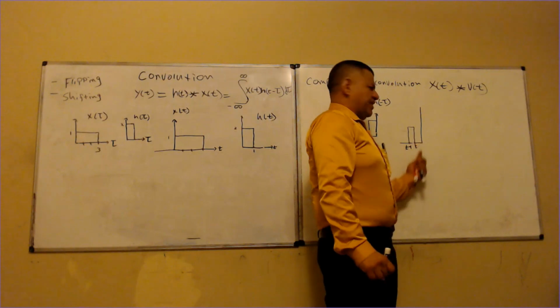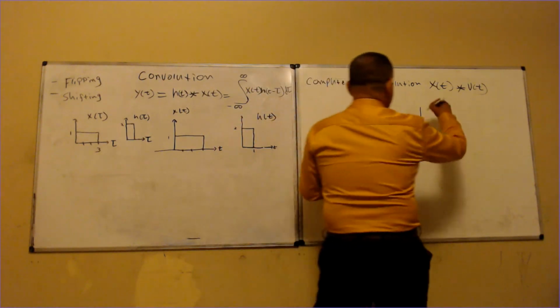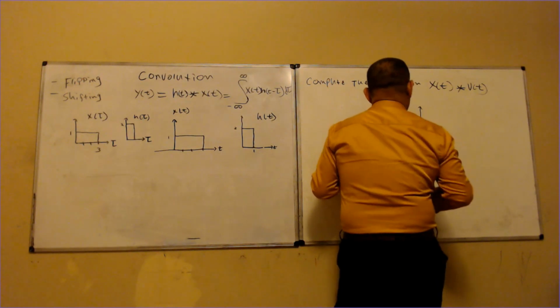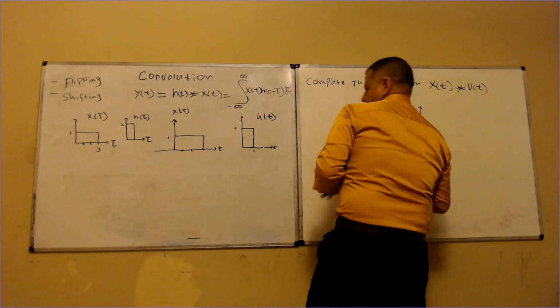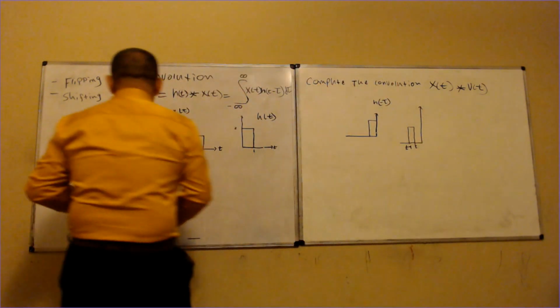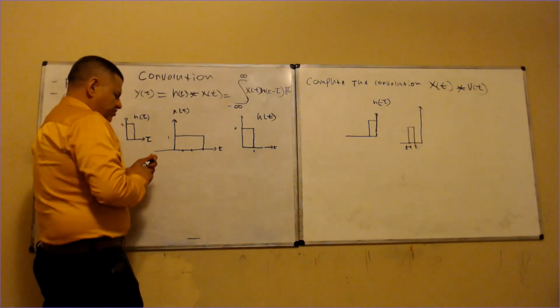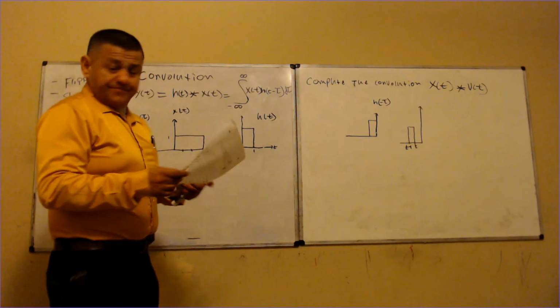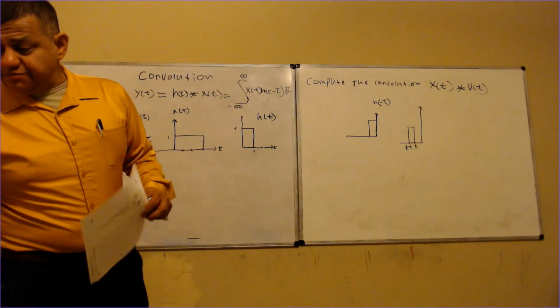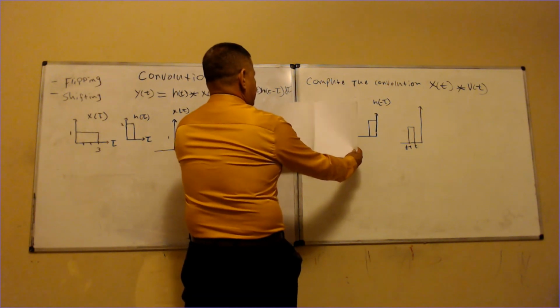It will be moving to the right, right? It will be moving to the right. When it moves to the right, I will be sliding, right? So you're sliding that to the left. I'm sorry, to the right. So it's like if I take this page and I am overlapping these two pages, right?